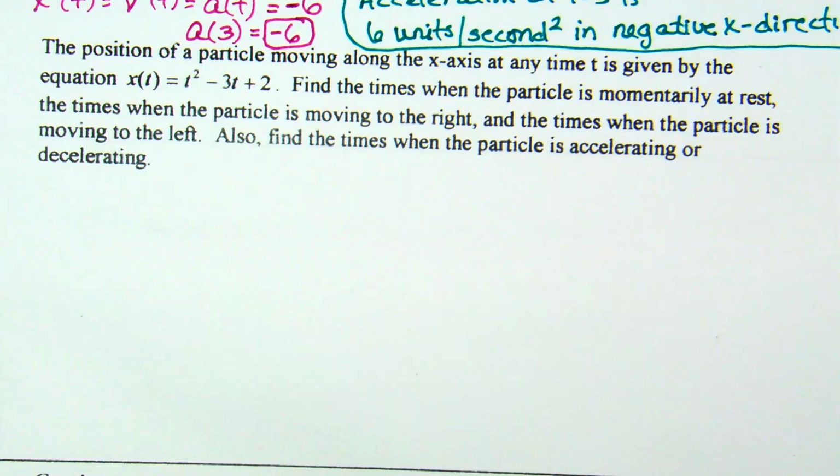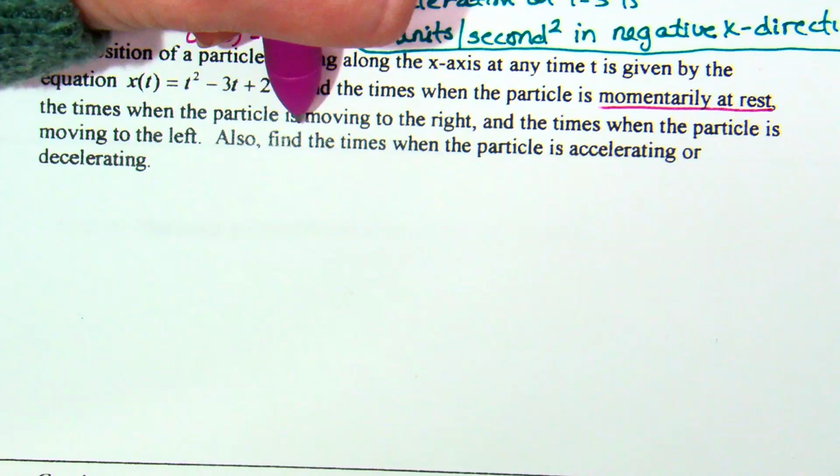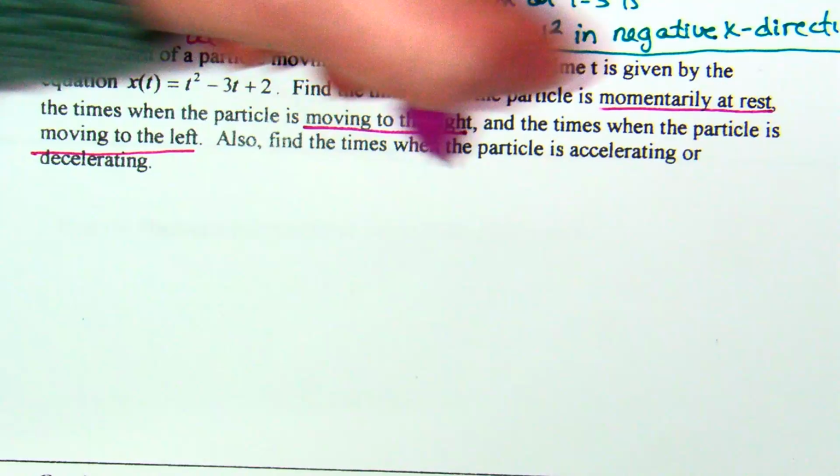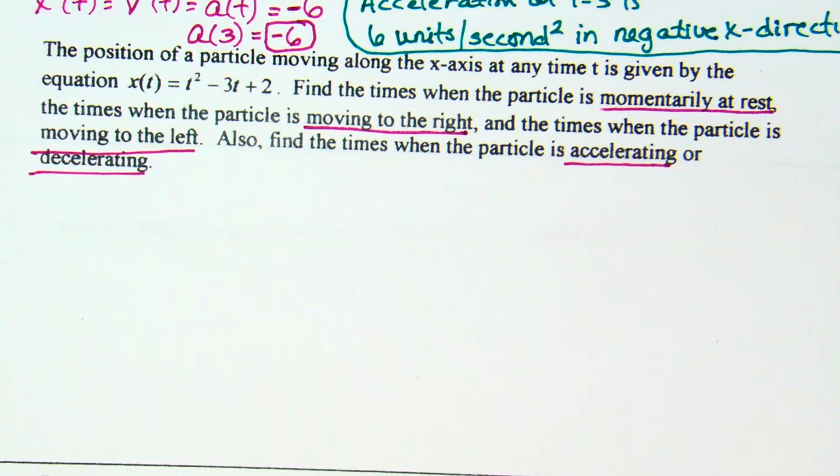Let's see. We want the times when the particle is momentarily at rest, moving to the right, moving to the left, accelerating, or decelerating. What am I going to have to do to find momentarily at rest, moving to the right, and moving to the left? We're going to have to find the velocity, yes?